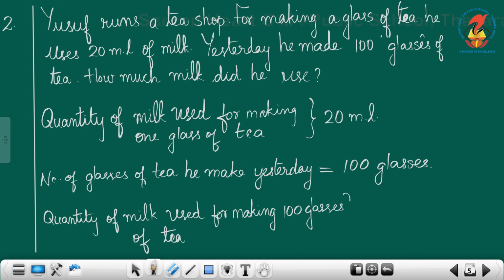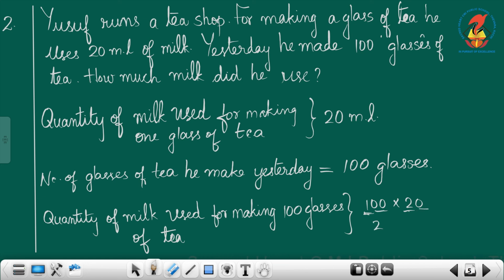100 glasses of tea is equal to 100 multiplied by 20. We already studied how we can multiply 100 with 20. Just multiply these numbers together. 1 2s are 2.